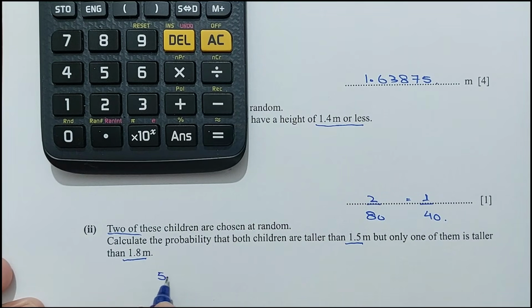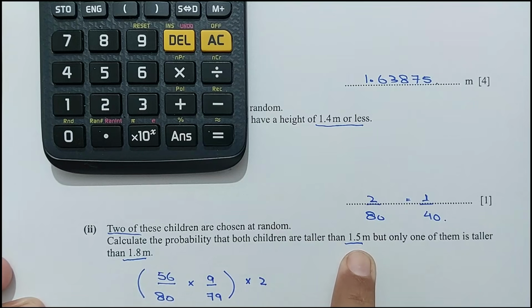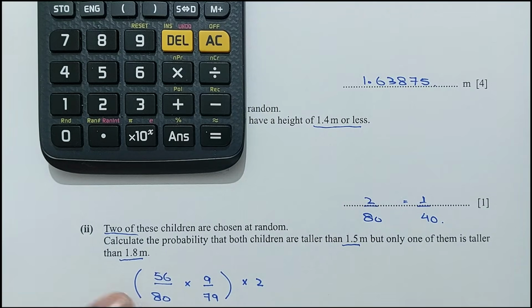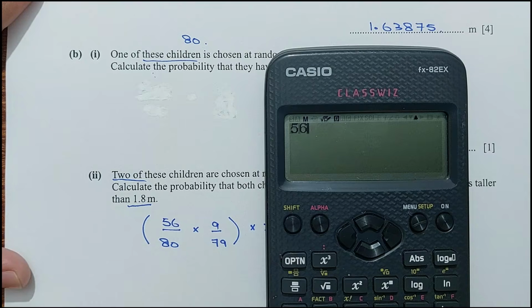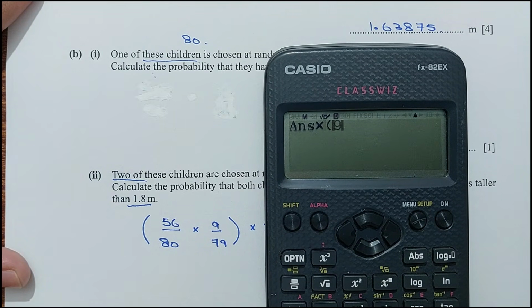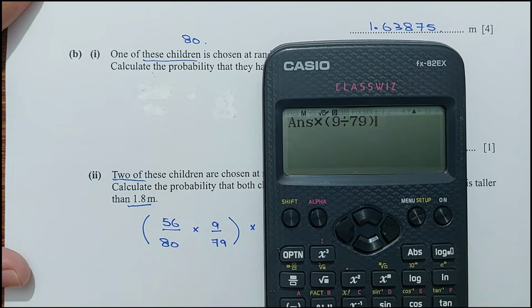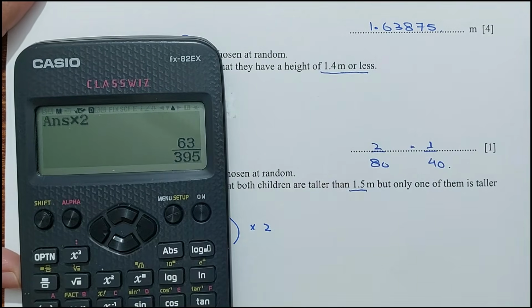So the first one is 56 out of 80 and the other one is 9 out of 79, and they have two combinations. The first one is taller than 1.5 and the other one is taller than 1.8, or the first one is taller than 1.8 and the other one is taller than 1.5. Okay, 56 divides 80 times 9 divides 79 times by 2, which is 63 out of 395.